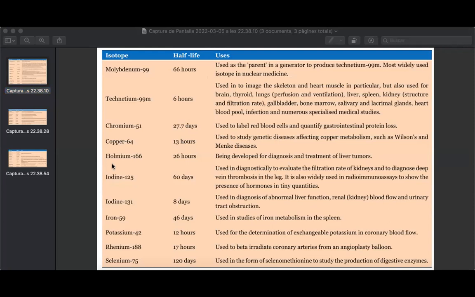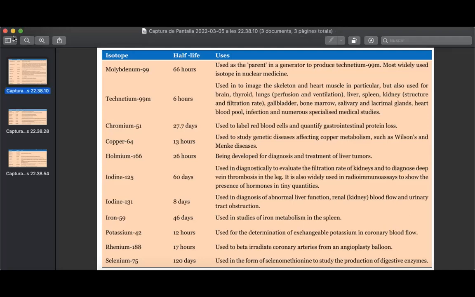The half-life of uranium 235 in nuclear bombs or nuclear reactors is about 700 million years. 700 million years. Can you imagine that?